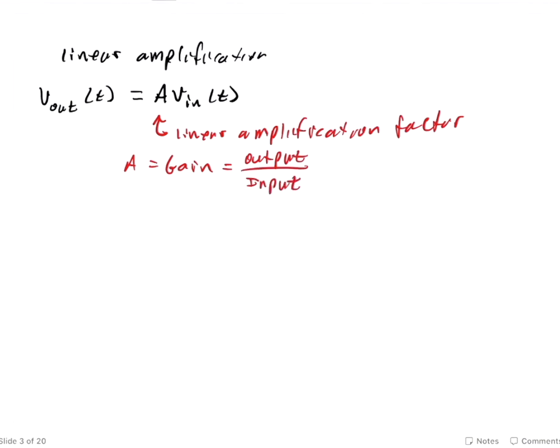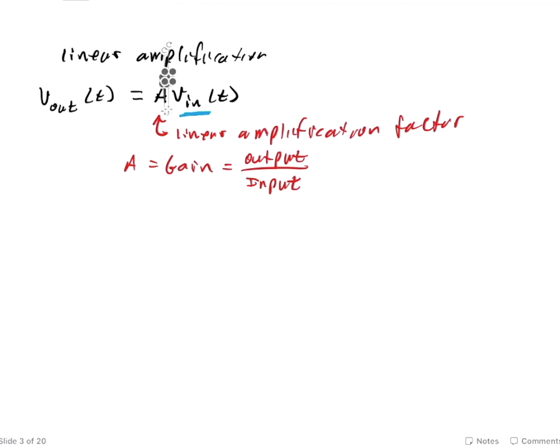So when I've got it written here, I want to multiply V in times some factor, some number, 5, 10, 100, 100,000, whatever it is, to get V out.